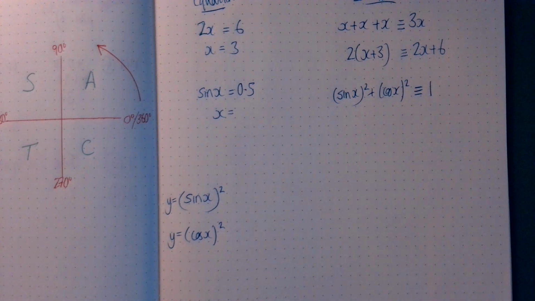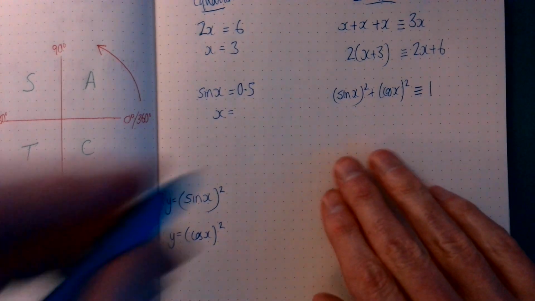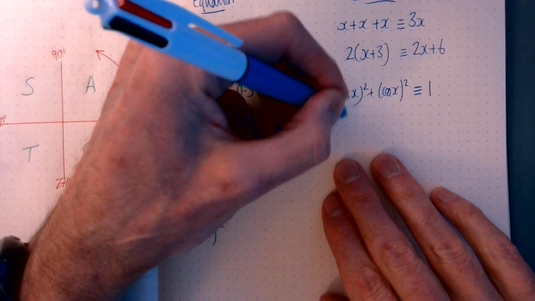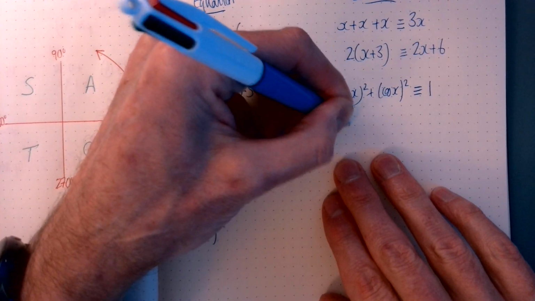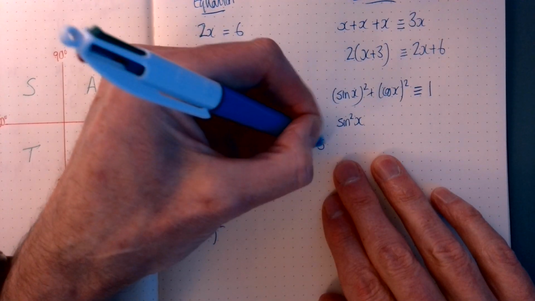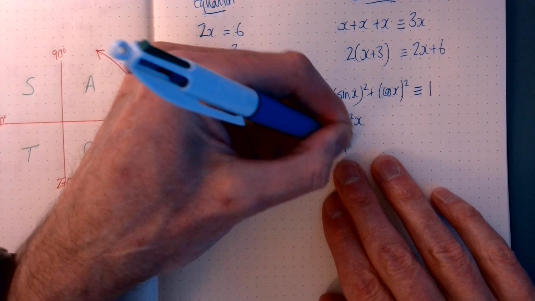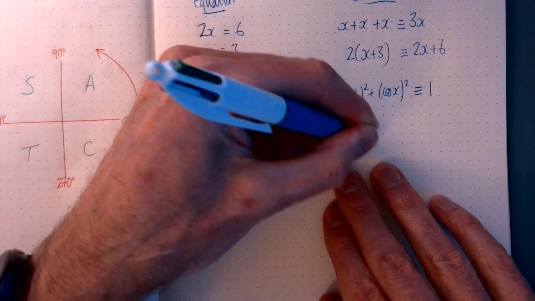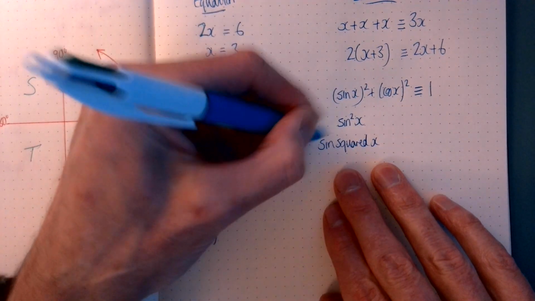And actually, we have a different way of writing this. This is a sort of a convention, a tradition. It's a little bit quicker than this. We actually write that like this. And we say sine squared x. That's how we say it.